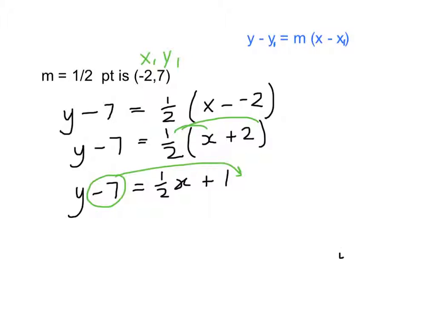The equation of a straight line is usually in the form y equals mx plus c. I want just a y by itself. So y equals a half x. When it's on this side, it's going to be plus 7. Change the side, change the sign. Half x plus 8 will be my formula, the equation there. Okay.